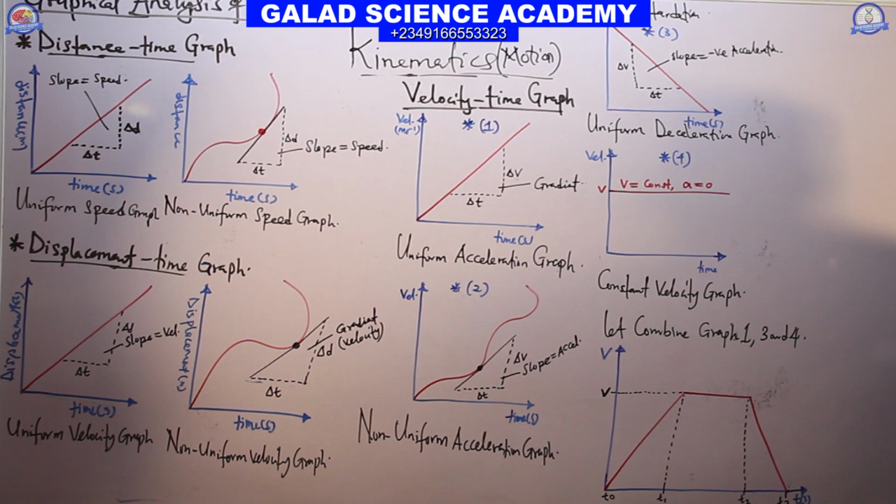But if your graph instead comes from up here and slides down like this, and the graph is still a straight line, then by finding the slope of this curve, the change in v against change in t, the slope will give us a negative value of acceleration.